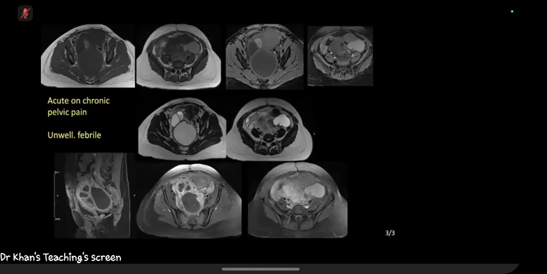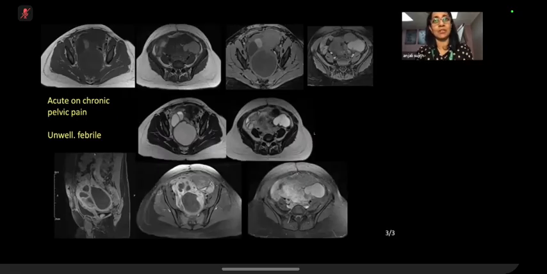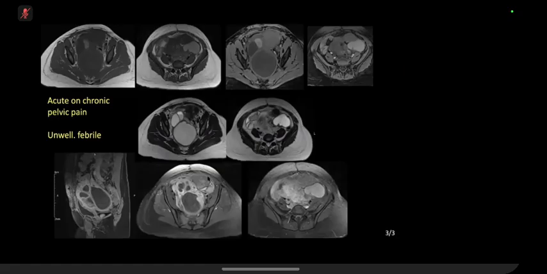When we say pyometra, we are talking about pus within the uterine cavity. Pyosalpinx. Okay. And that would also fit with the clinical presentation of the patient.